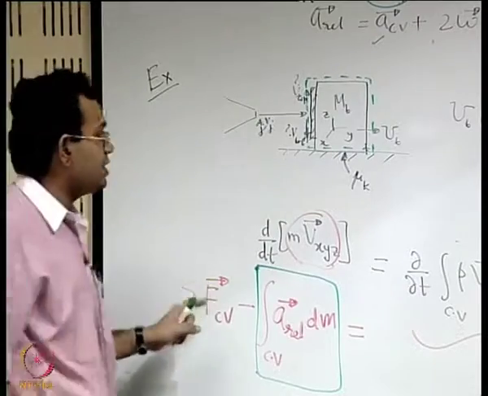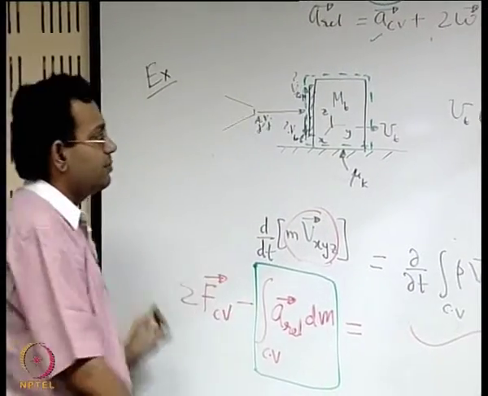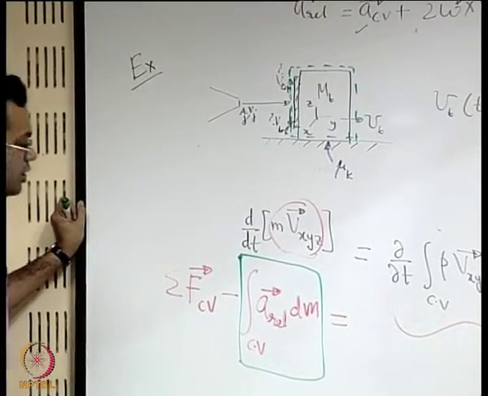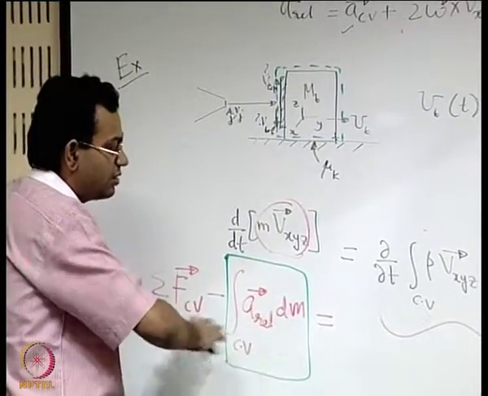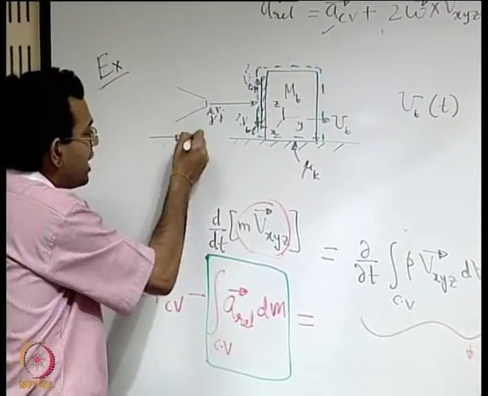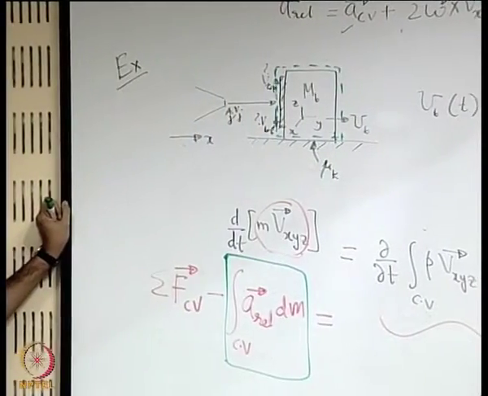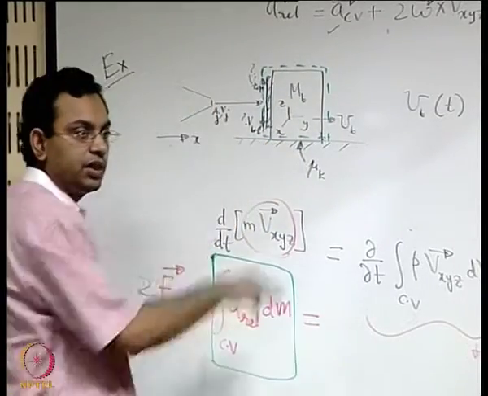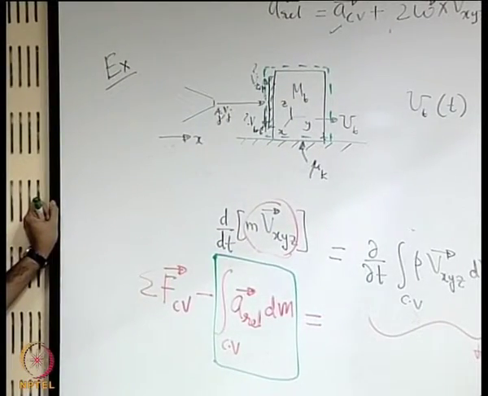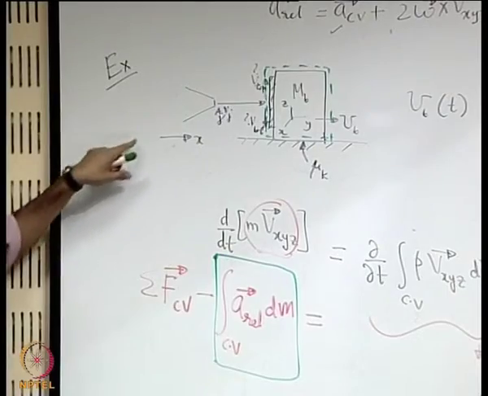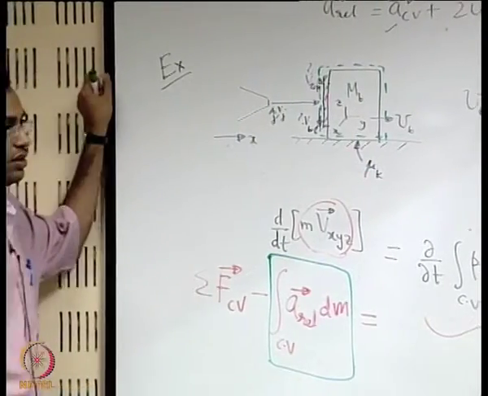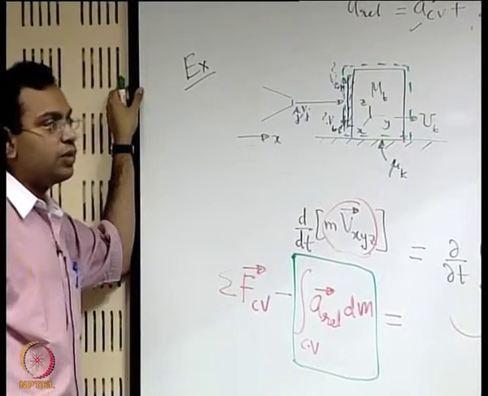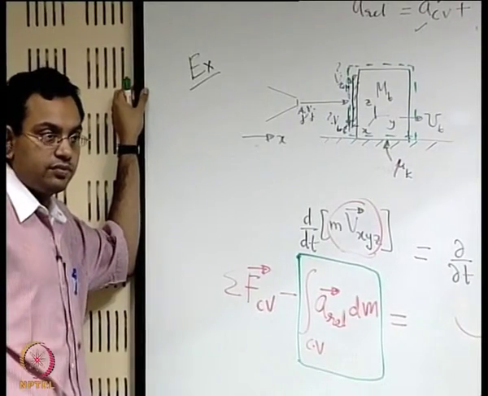Now let us try to apply this equation for the resultant force on the control volume. Let us write only the x component, because that will give rise to the variation of velocity, because we do not expect that this block will be lifted from the ground. Now if you write the equation, what are the forces acting on this?